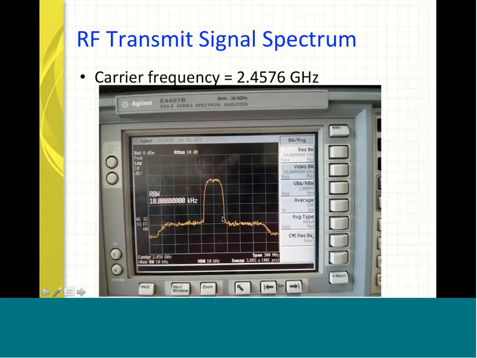The channel of our generated transmit signal is about 46 megahertz. It's less than 60 megahertz, but more than 40 megahertz. That's matching our system design expectation.